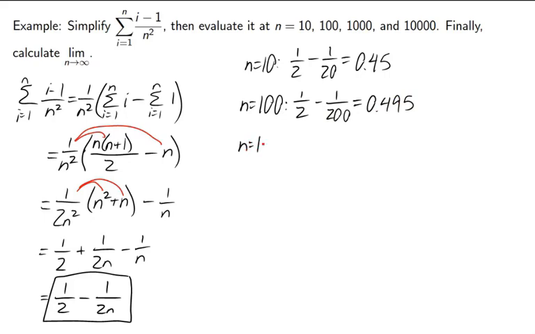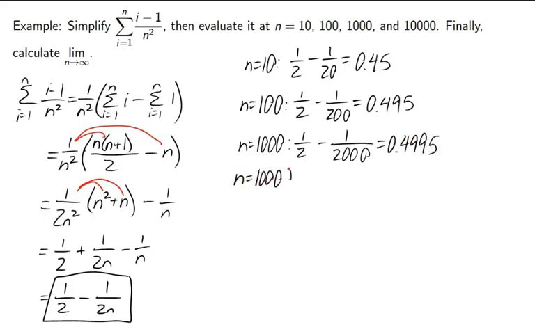At n equals 1,000, I get 1/2 minus 1 over 2,000, which is 0.4995. I see the pattern. n equals 10,000, I get 1/2 minus 1 over 20,000, which is 0.49995. So if you're looking at this, you might expect that the answer to the limit is going to be 0.5. It definitely appears to be traveling that way.